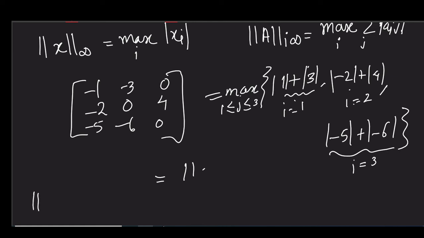Now likewise, if you want the 1-norm or taxicab norm, you just go for the summation.